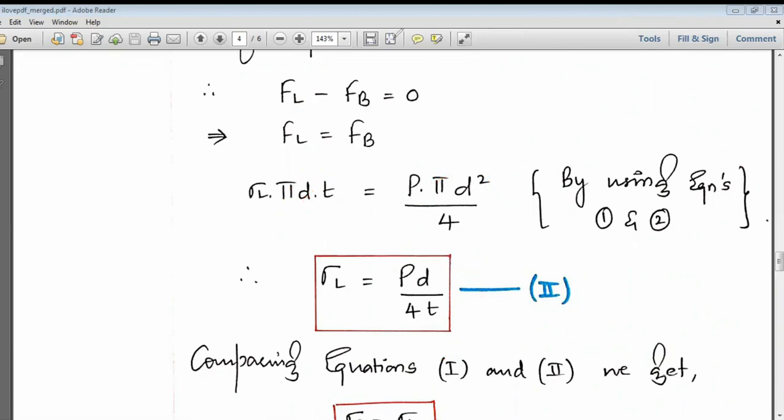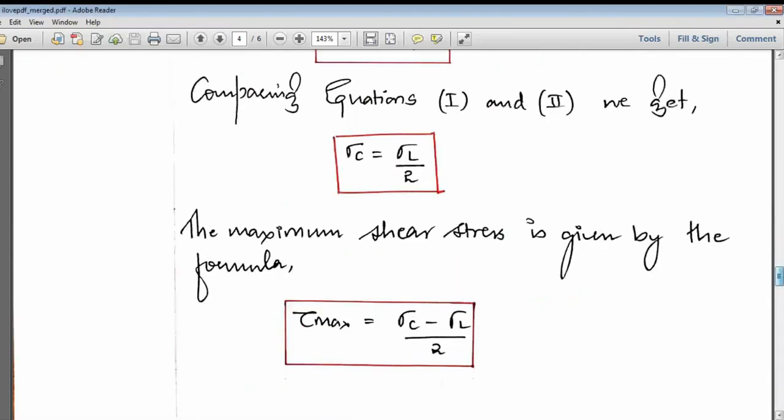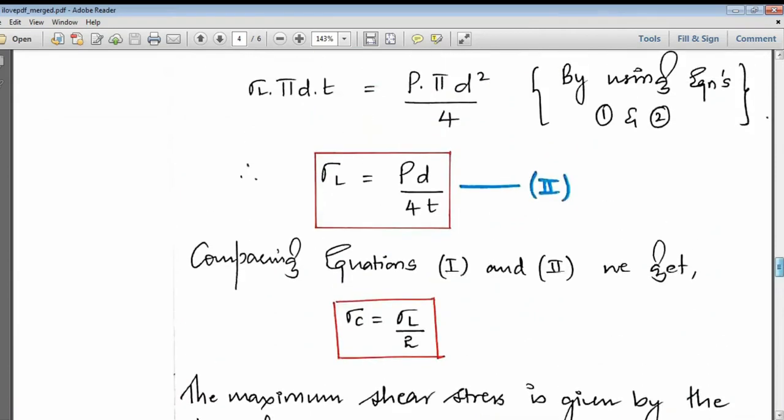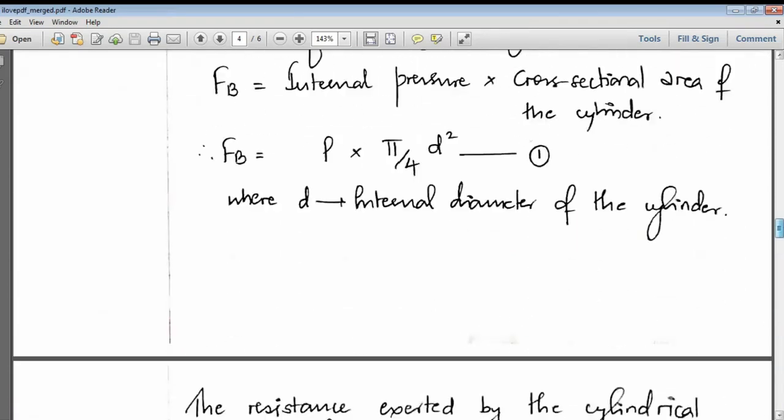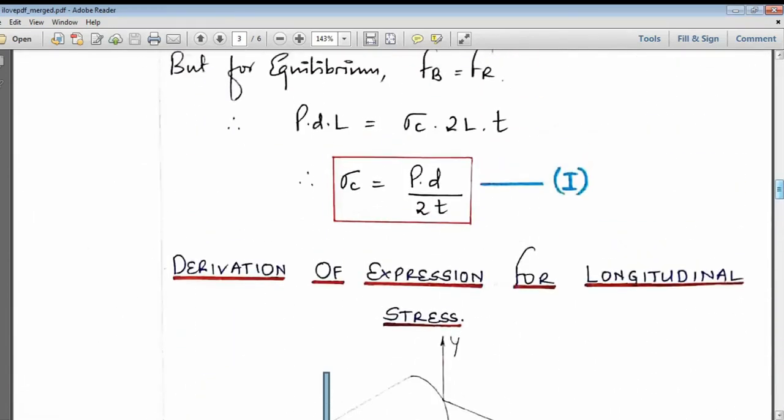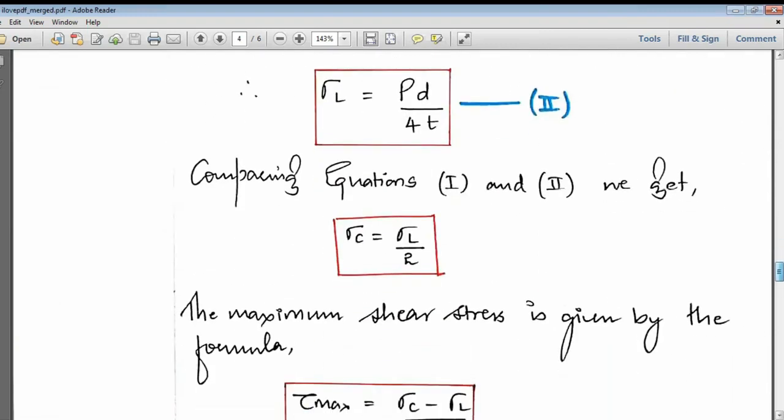Right. So now I'll be coming to the last part of today's session. One more important thing, if you compare equations 1 and 2, where is your equation 1? So this is equation 1, sigma c is equal to PD by 2T, and the next equation 2, sigma L is equal to PD by 4T.